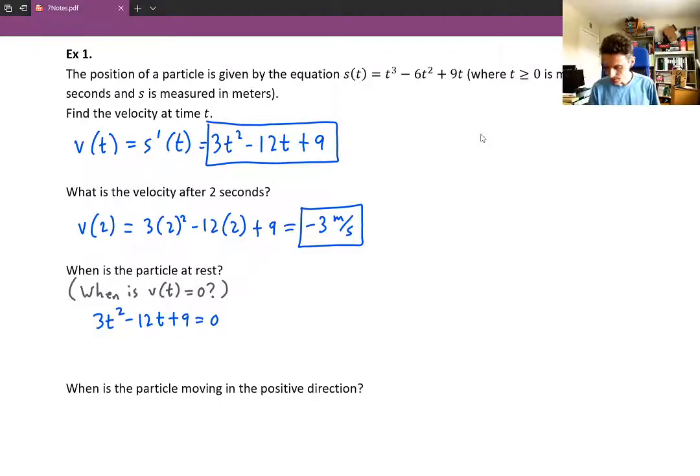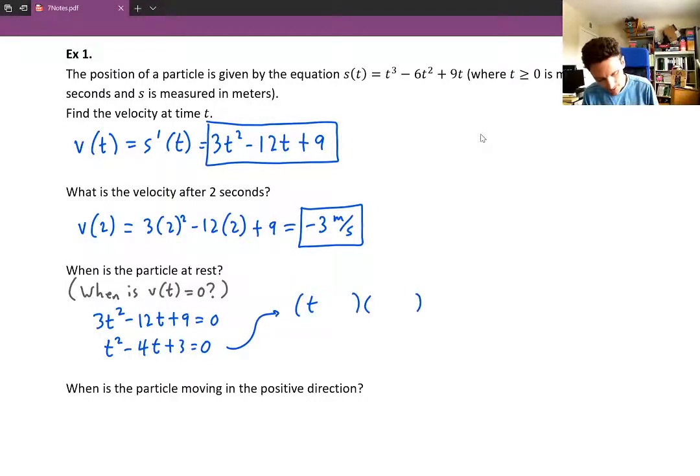And what I'm going to do is just divide both sides by 3, because I see that common factor of 3 in all of the terms. Then go over to here, factor the left-hand side. And then set each factor to 0, and we get t equals 1 and t equals 3.